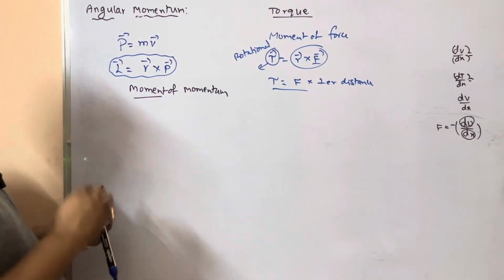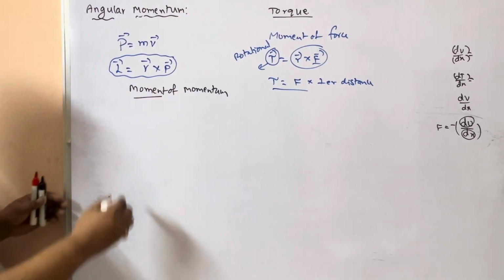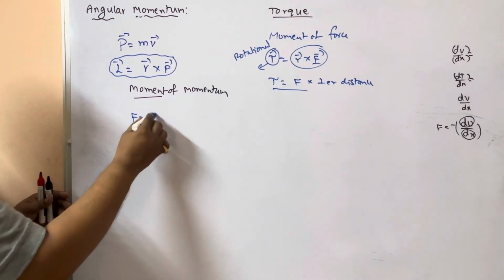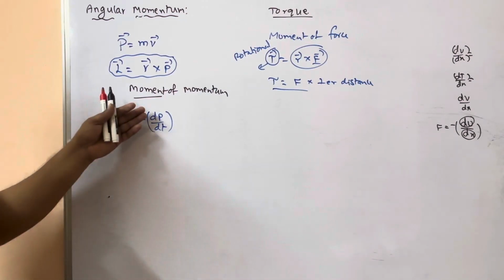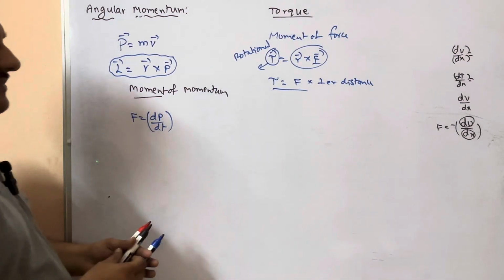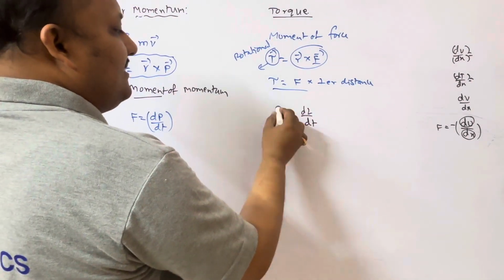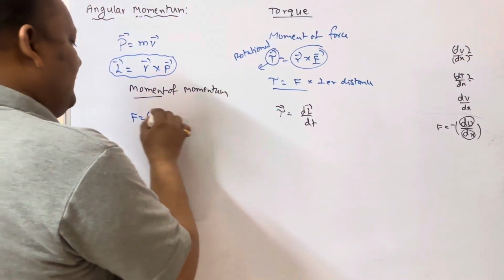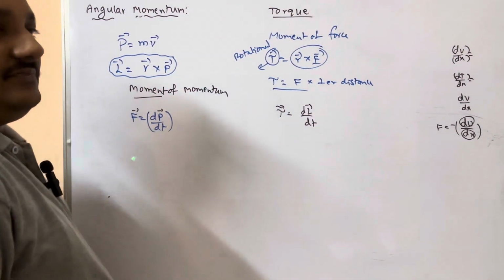Next, if you compare linear and rotational motion, force we came to know as the rate of change of momentum. According to Newton's second law, momentum is changing with respect to time. Same like that, torque tau is equal to dL by dt, the rate of change of angular momentum, isn't it?